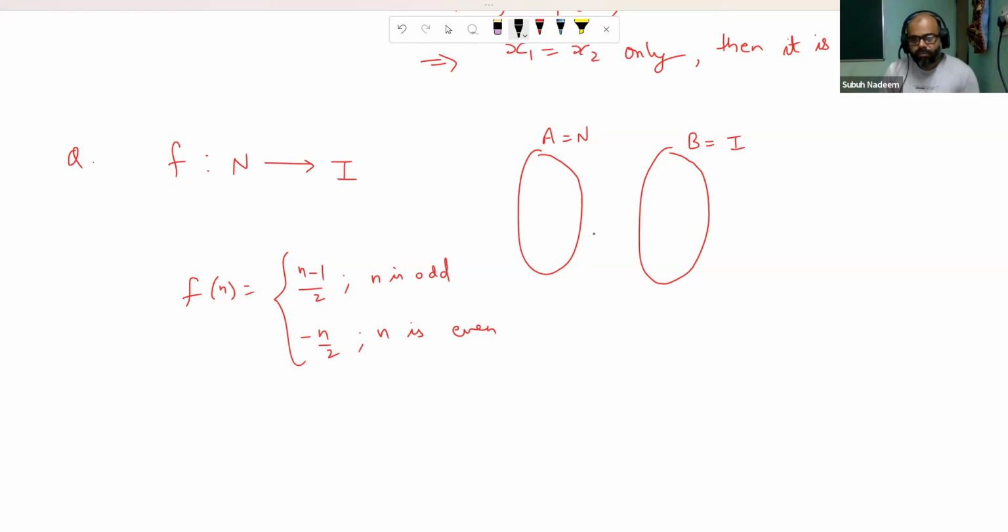We can take x1 and x2 equal to n, then put f of x1 equal to f of x2, then it will be (x1 minus 1) by 2 is equal to (x2 minus 1) by 2, then x1 equal to x2. Yes, it is okay. But one thing, why will we take x1 minus 1 by 2 and x2 minus 1 by 2? Can't we take x1 minus 1 by 2 and minus x2 by 2? Another definition.